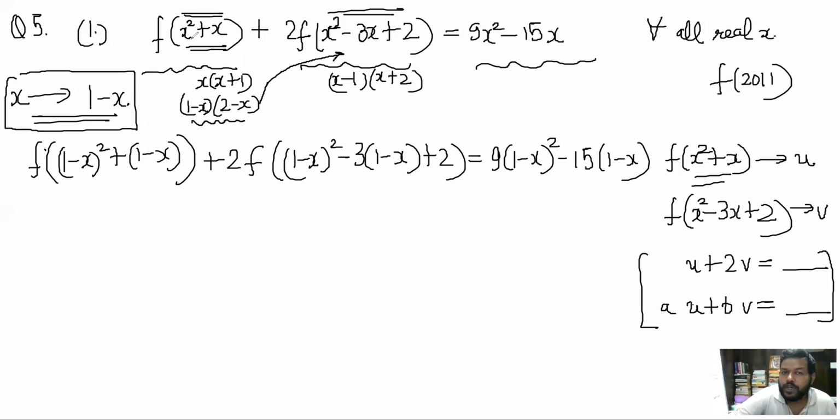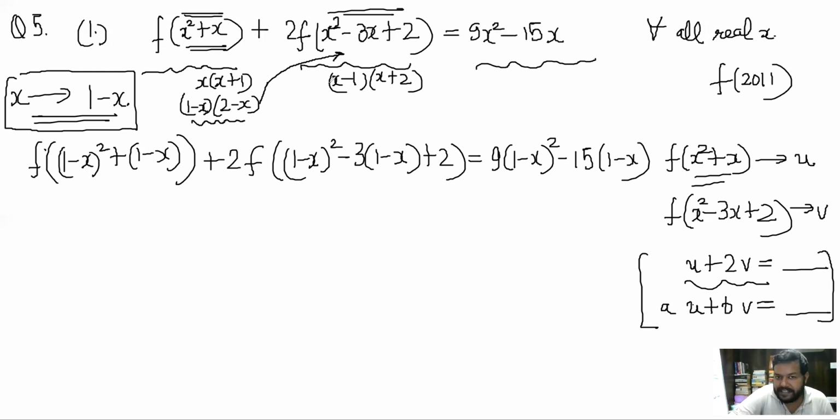So what can I do to this? What transformation can I do so that I end up getting the same variables? I don't end up having two other f of things, right? If it was some f of x squared plus x plus 3, then I would be stuck with a new variable, right? I don't want a new variable in my equation. I want a different equation with the same u and v so that I can solve them.